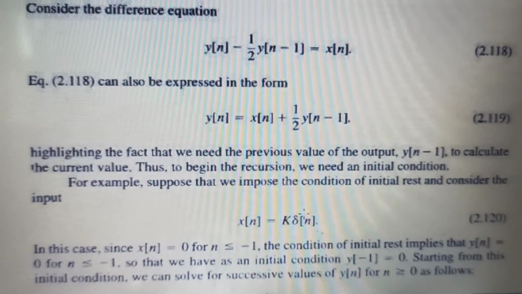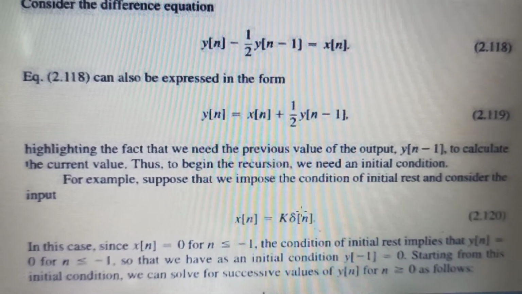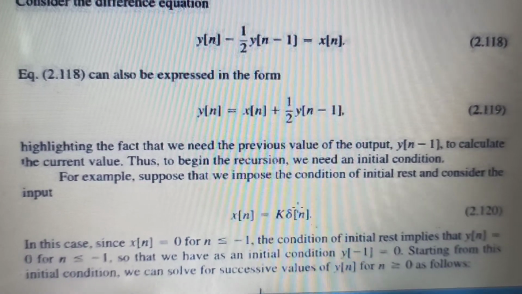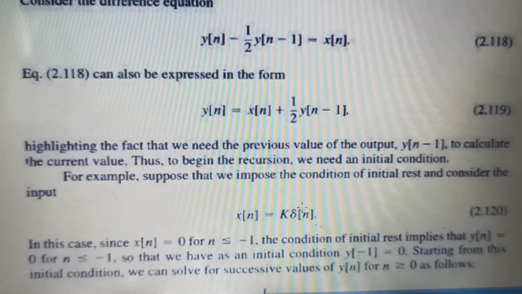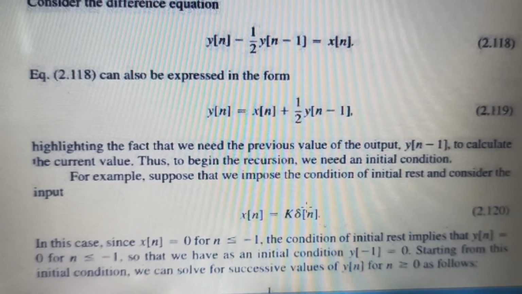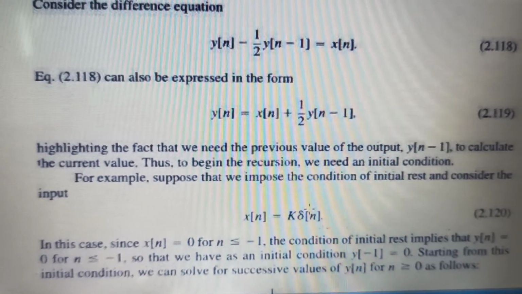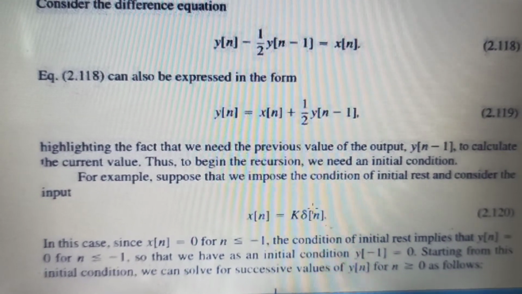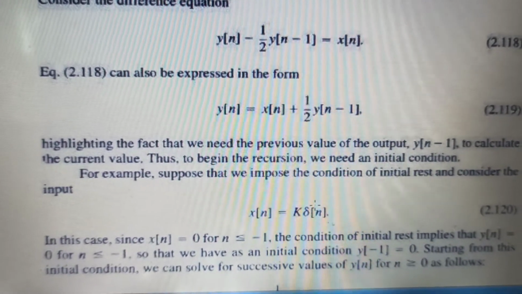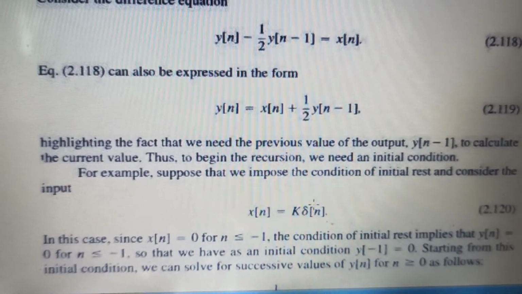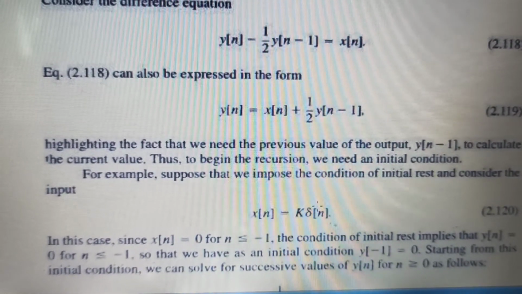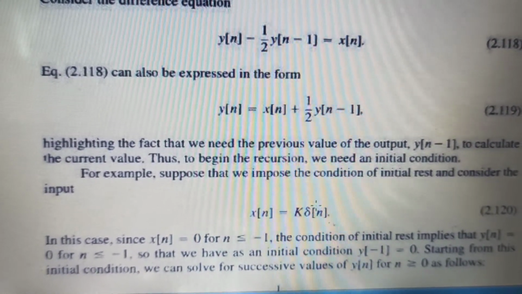So in this difference equation, the initial condition that we are going to impose is that of initial rest. x of n is in the form of an impulsive function. K delta n is the type of x of n. K is the amplitude of that delta n.